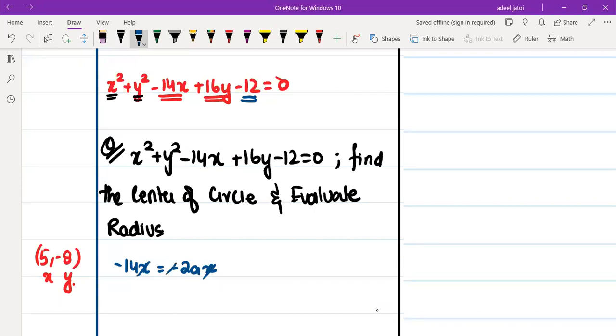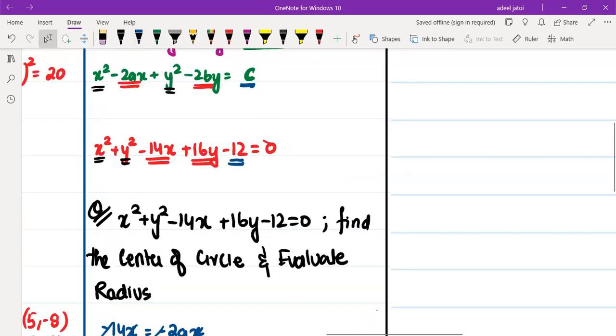So we can directly write -2ax equals -14x. x is cancelled, minus minus cancelled, so that means a becomes what? 7. Similarly, we have +16y, and this +16y is compared to what? -2by.